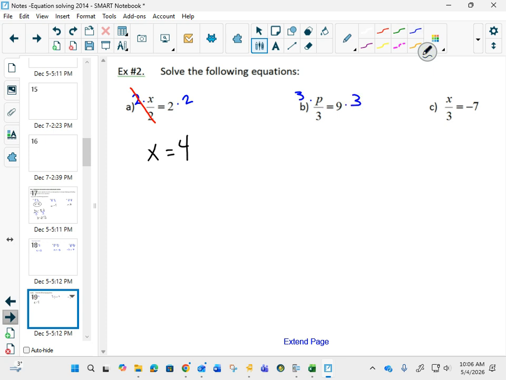By multiplying both sides by 3, 3 divided by 3 is 1, and so this side will be left with just p. On the other side, I have 9 times 3. You could go to your calculator, or if you know your times table, 9 times 3 is 27.